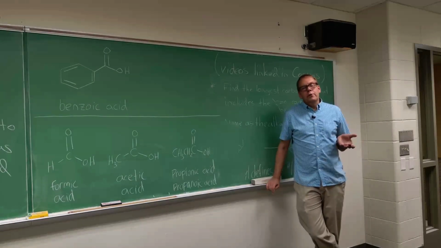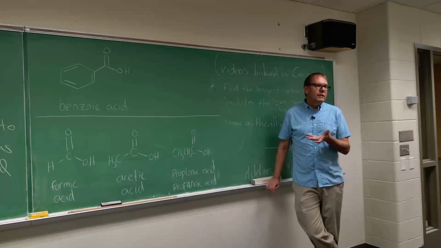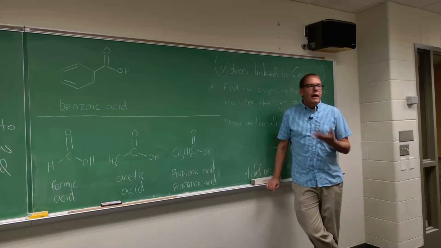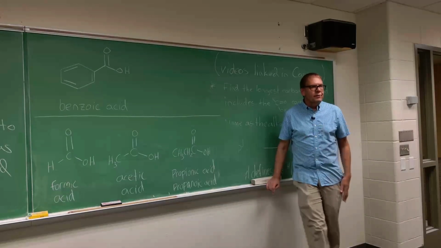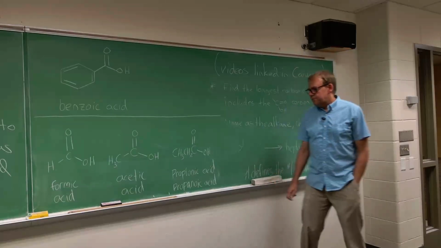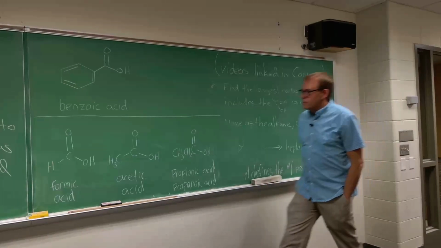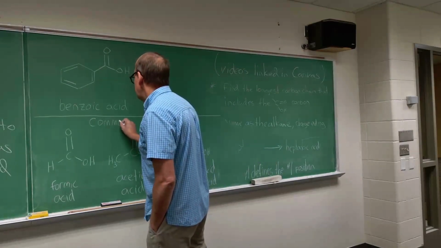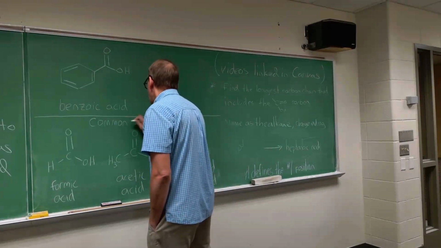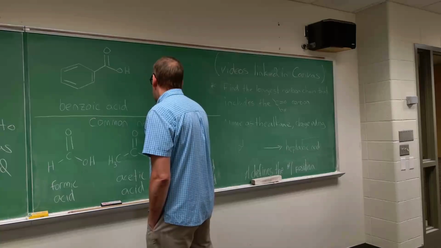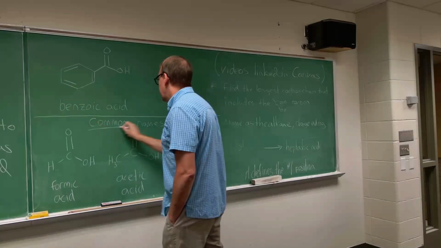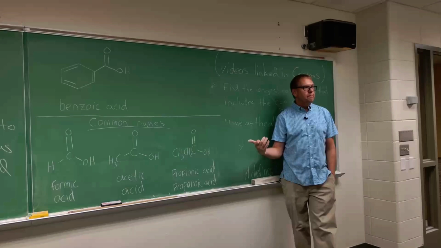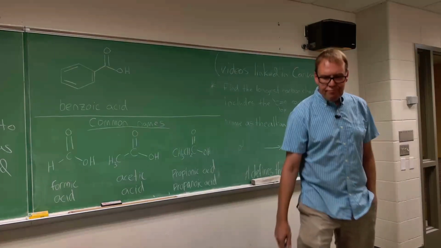Like, for example, molecule of the day, nicotinic acid, vitamin B3, niacin, lots of different aliases. So these are common names. They don't follow the systematic rules, but they're in frequent enough usage that you should be aware of them.